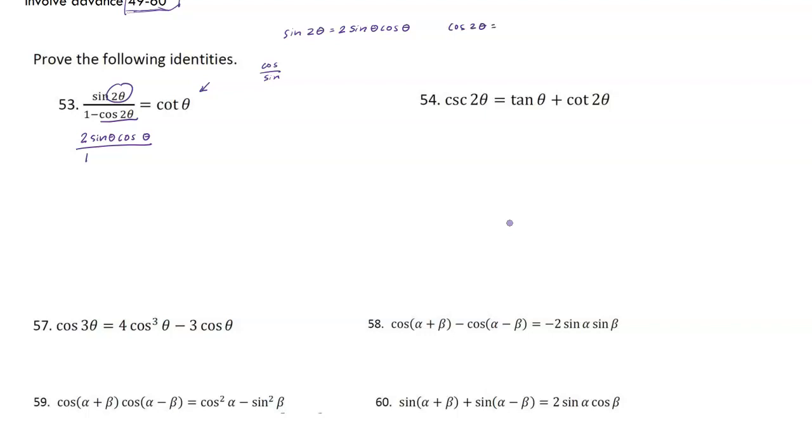The cosine of 2 theta equals 2 cosine square theta minus 1, and then cosine of 2 theta also equals 1 minus 2 sine square theta, and then cosine of 2 theta equals cosine square theta minus sine square theta.